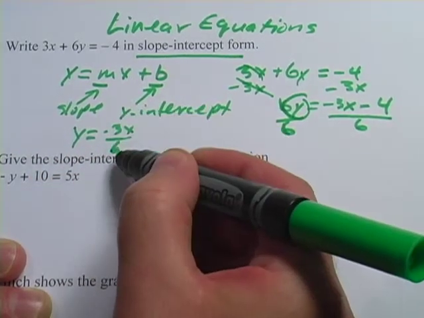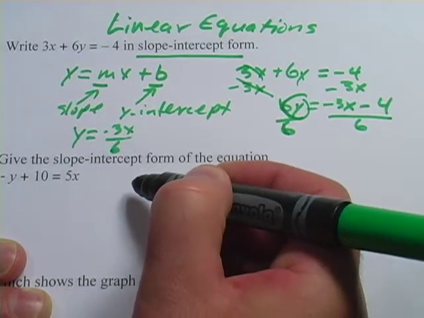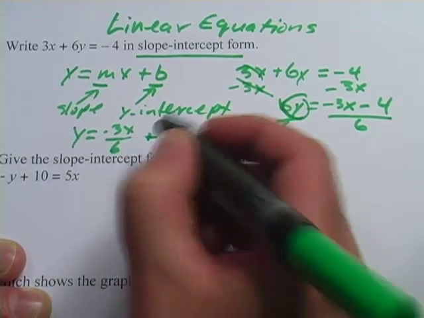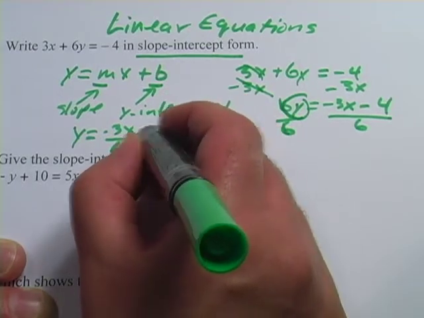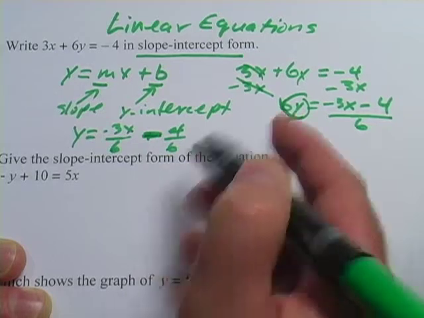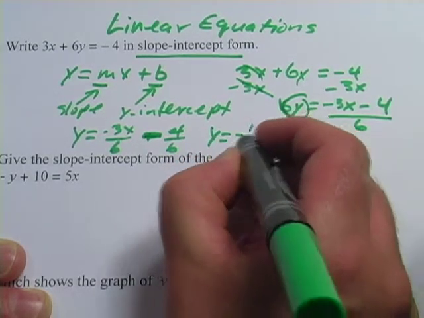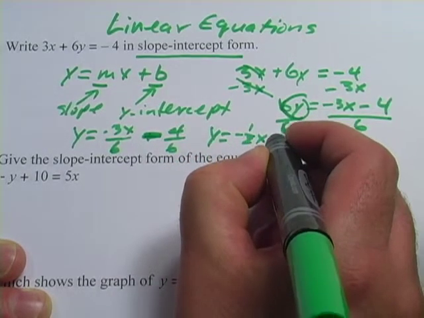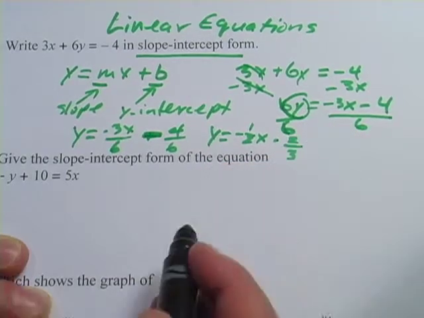Well, that can simplify. 3 over 6 is the same as 1/2. Then we've got -4 over 6. I can take a 2 out of each, and I get 2/3. So what I get is y equals -1/2 x minus 2/3.